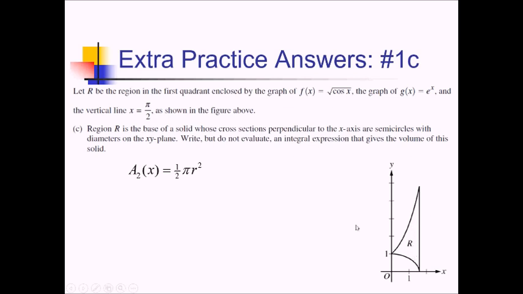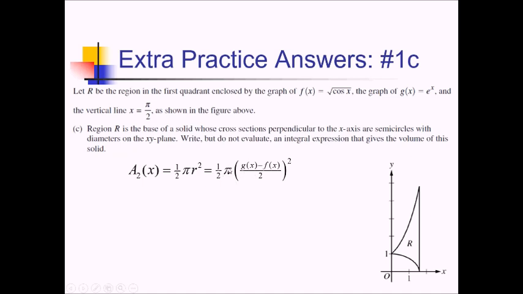The trouble is, this formula doesn't take diameters, it takes the radius. So I need to replace r with (g of x minus f of x) over 2. Taking half of that distance between the two functions gives me the radius that I need for this formula. So now this whole thing is my A sub 2 of x.